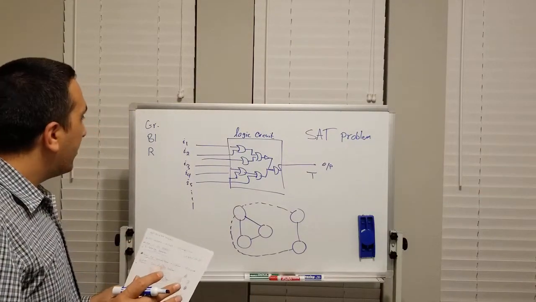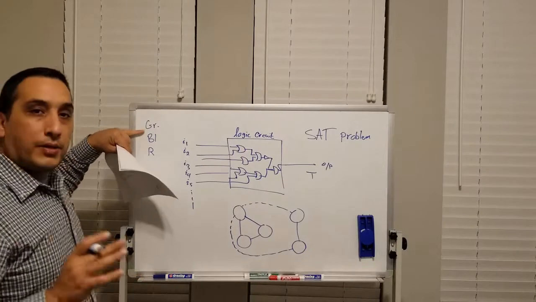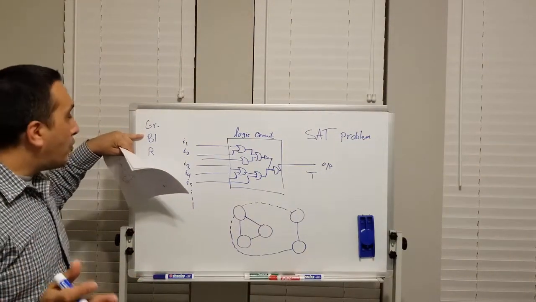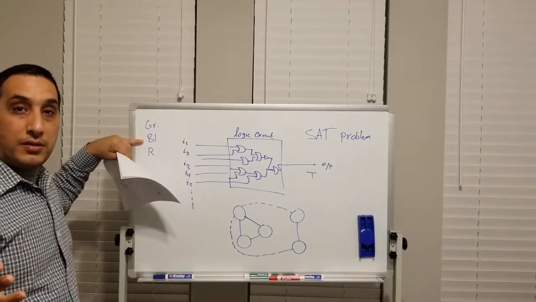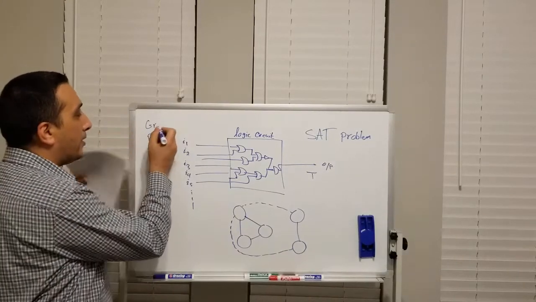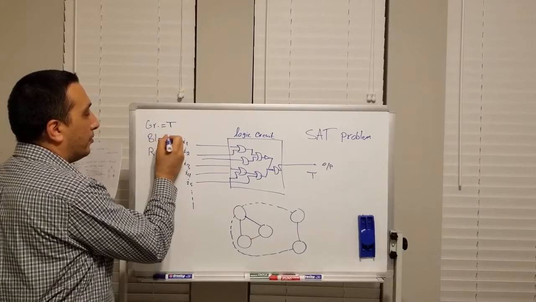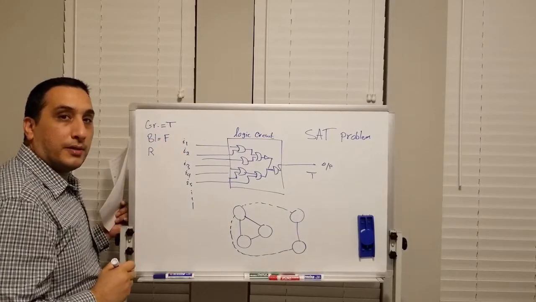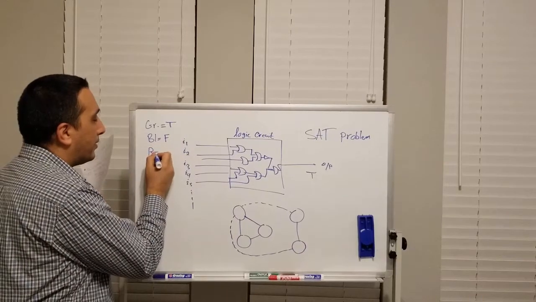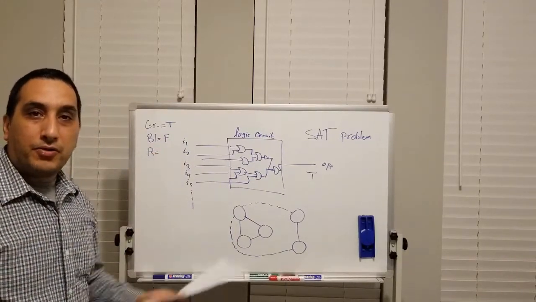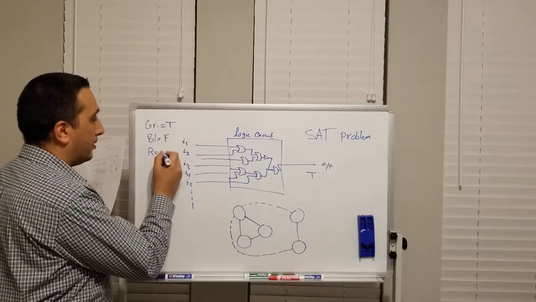What if green means true, and what if blue means false? Let's go ahead and assume green means true and blue means false. And we can say red means anything else, neutral. Let's call it N.